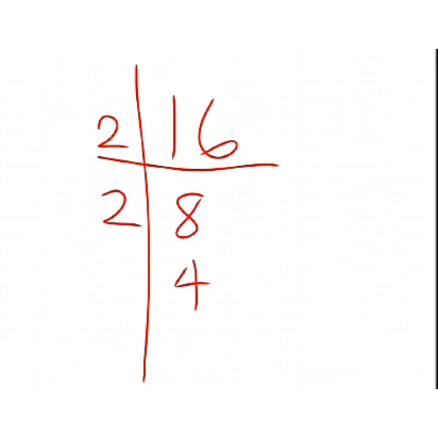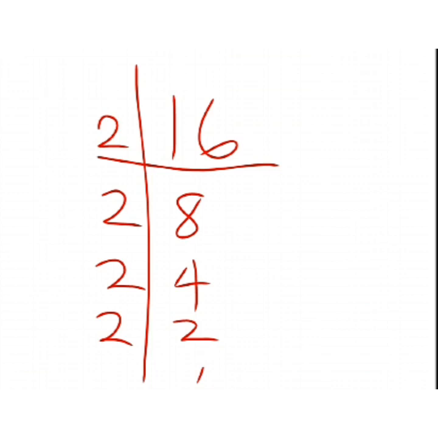Let's look at a typical exercise on square root. You can be asked, find the square root of 16. You use the factor method. You say 2 goes into 16, we have 8. 2 goes into 8, 4. 2 goes into 4, 2. And 2 goes into itself, 1. So this isn't the final answer.